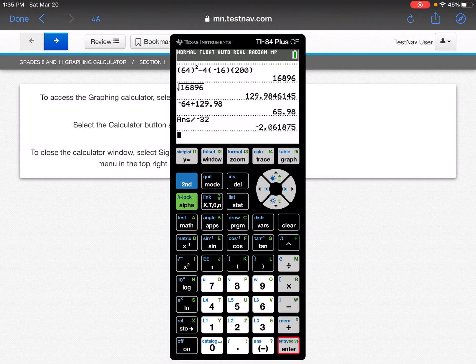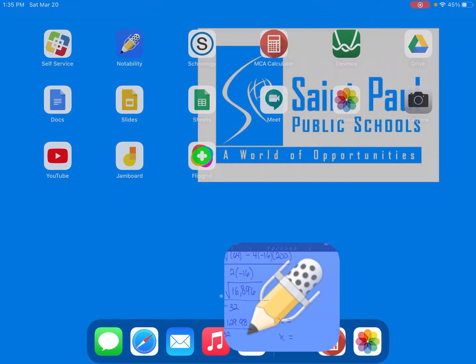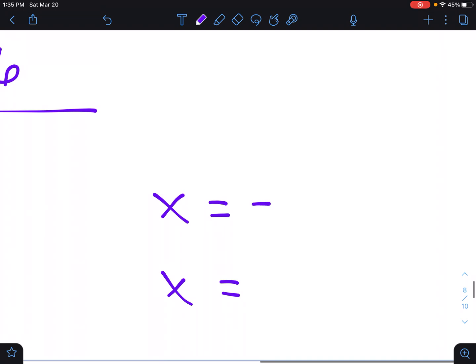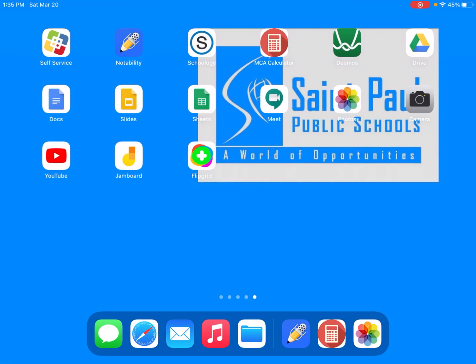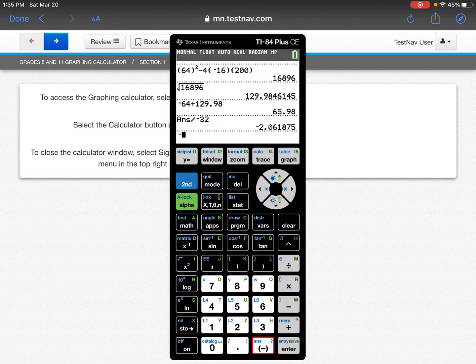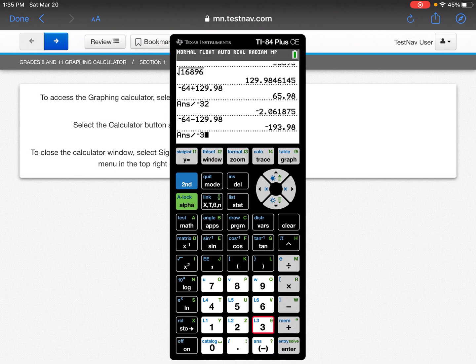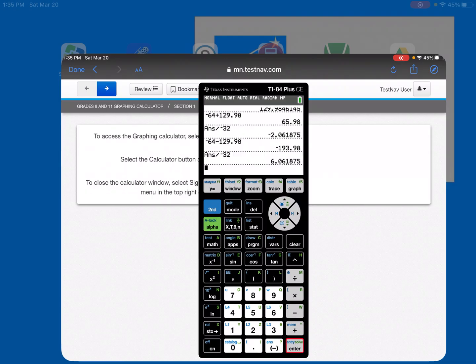Okay, so I get negative 2.06. Now let's do minus. So negative 64 minus 129.98. Hit enter. We're going to divide that by negative 32. I get 6.06.